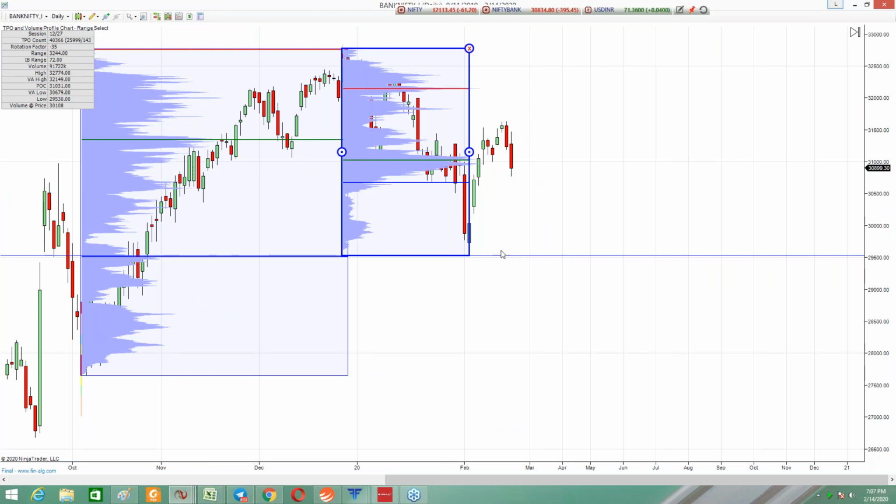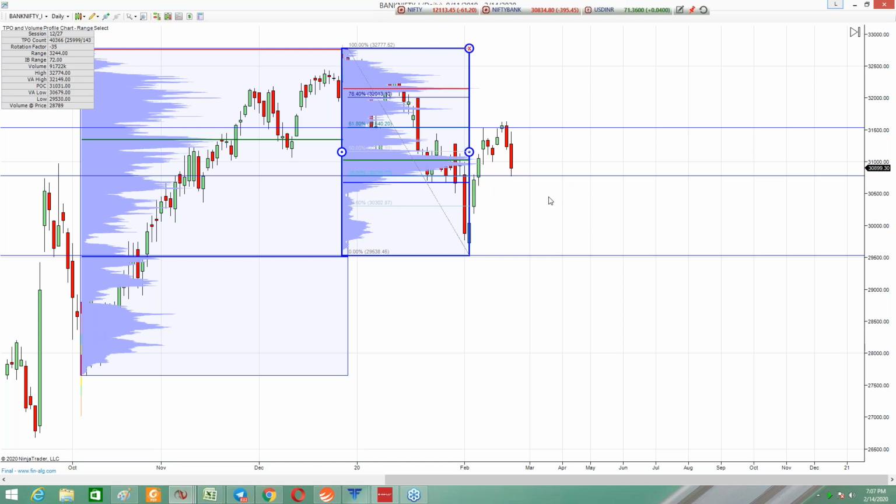But till now, obviously, Bank Nifty has fallen today tremendously. If we look at the Fibonacci retracement, it has fallen exactly from 61.8% retracement, and now it is down to 38.2% retracement, where it has stopped.